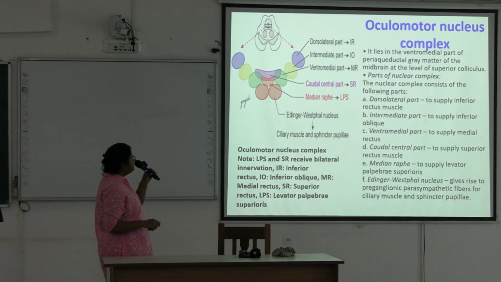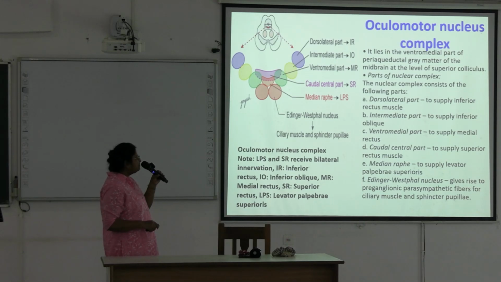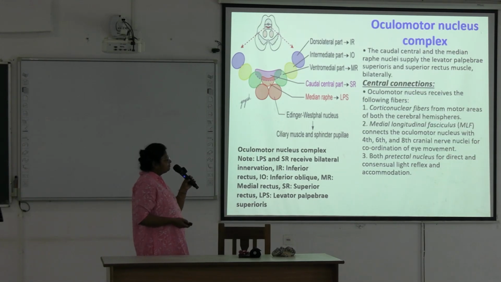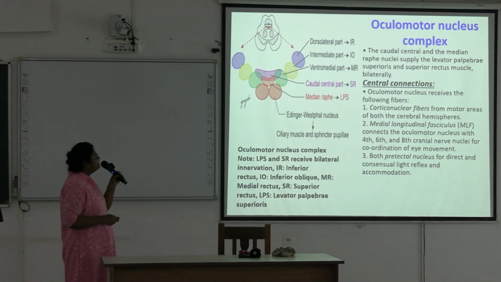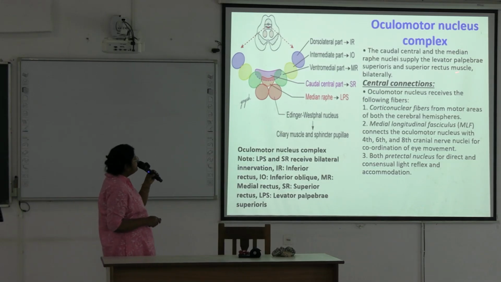These are the components of the oculomotor nucleus complex and their supply. The caudal central and median raphe nuclei supply the levator palpebrae superioris and the superior rectus muscle.